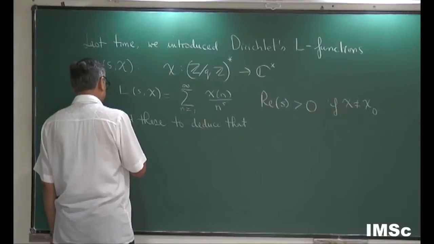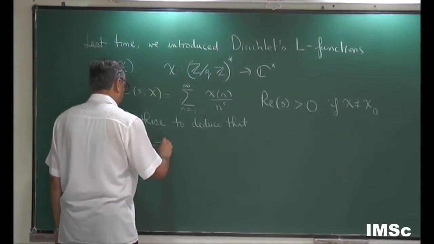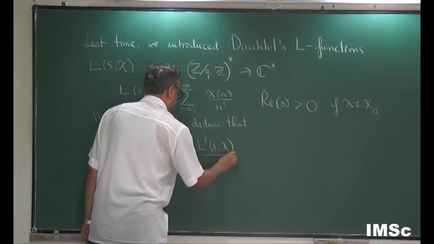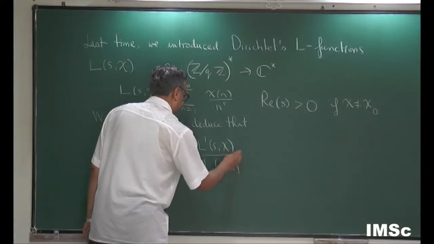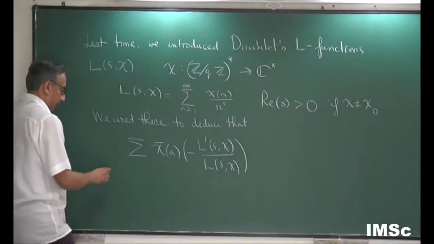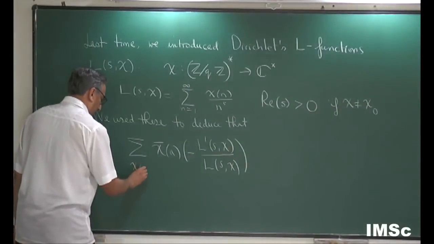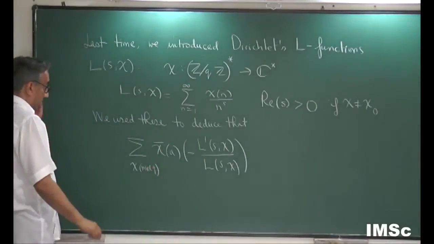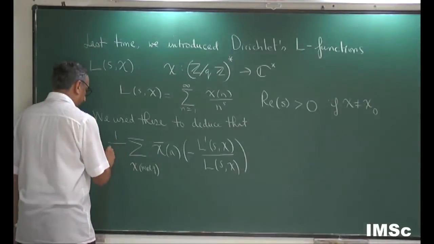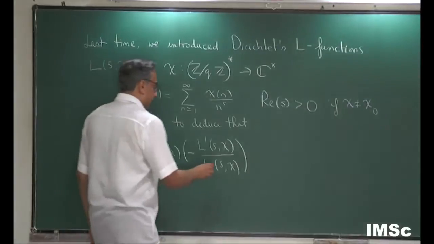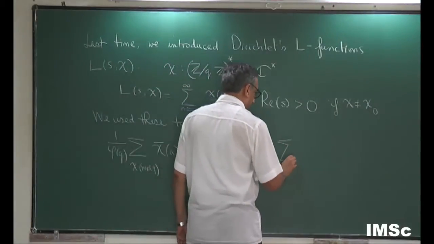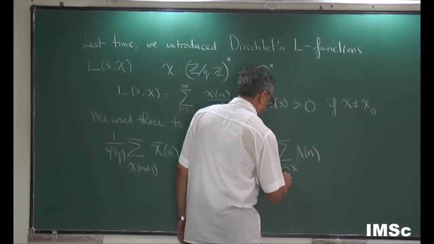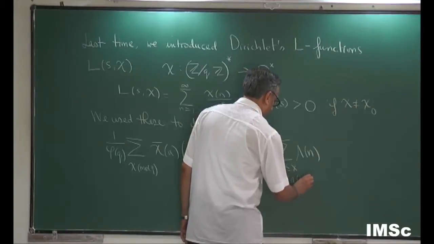if I take the combination, summation of chi bar of A times minus L prime of s, chi over L of s, chi, and sum over the characters chi mod q, so I'm talking about the character group, and divide by phi of q, we got that this is equal to the summation over n less than x of lambda of n, with n congruent to A mod q.